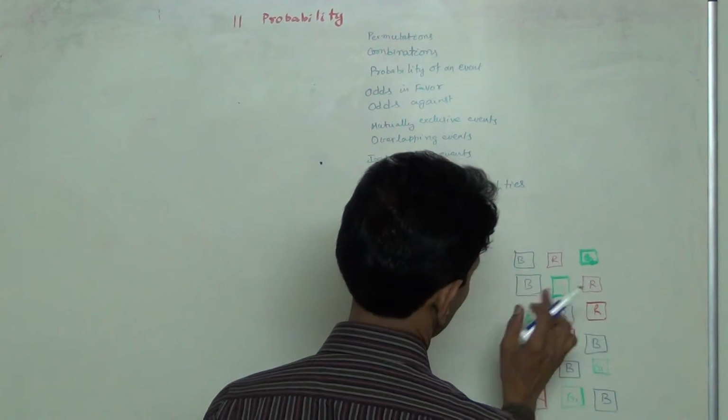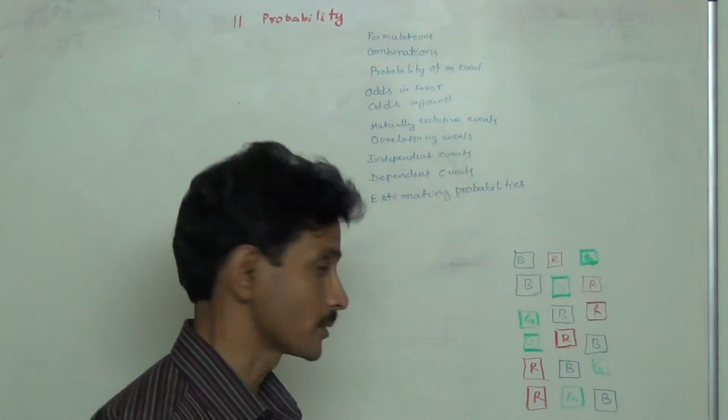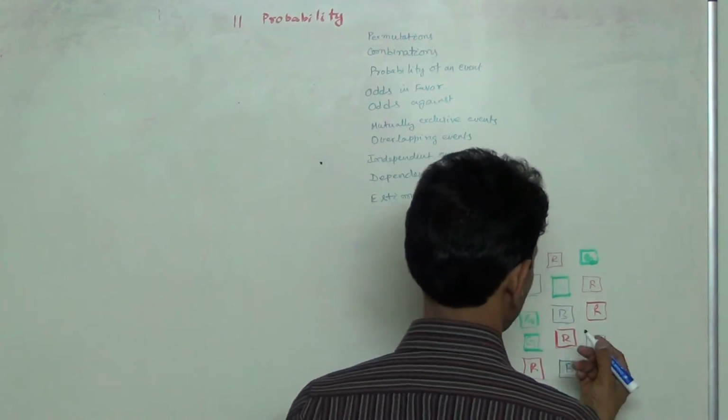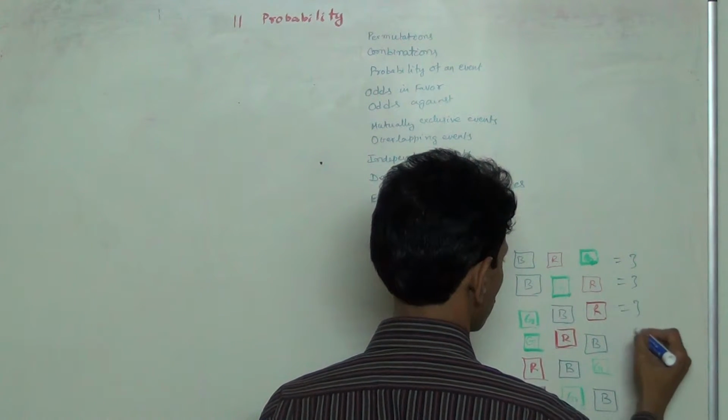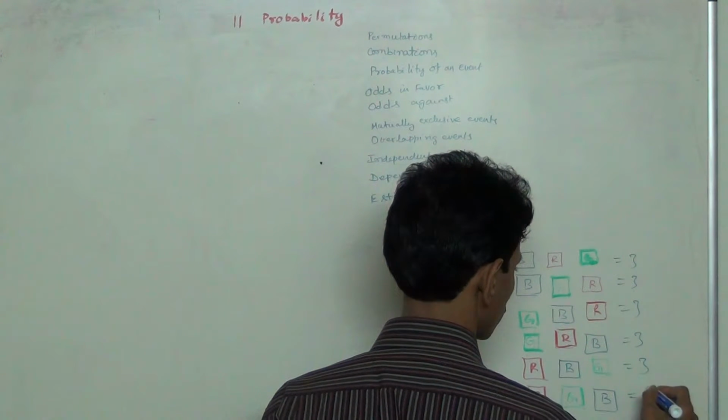So these are the possible combinations if you take 3 at once. So this is 3 and this is 3.